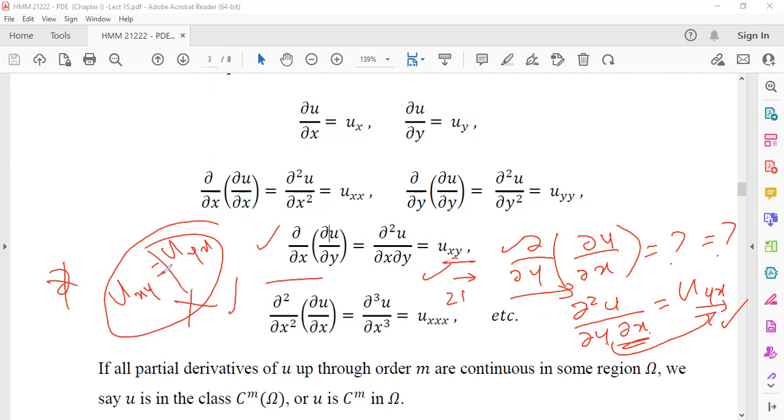Sometimes it may not be equal. According to the example, it may differ. If you first take the derivative with respect to x and then y, or first y and then x, according to the example, it may be equal or not equal. But you have to know what is really happening, okay? So please consider this one.